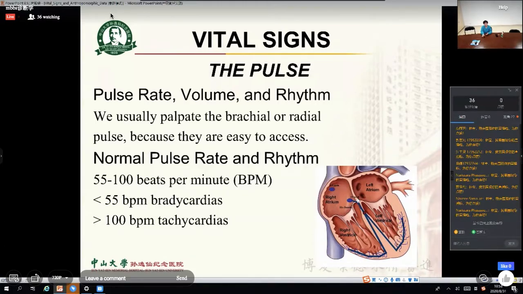If the patient has a pulse lower than 55 BPM, this is what we call bradycardia. If the patient has a pulse exceeding 100 BPM, this is what we call tachycardia. I mean the patient in a quiet situation, not running or doing exercise. This is the background to measure the pulse. Anything lower than 55 or exceeding 100 may be abnormal.